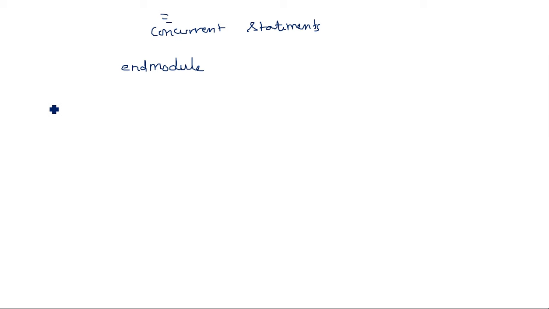Okay, example: module some gate x y z. After that you have to use a semicolon.